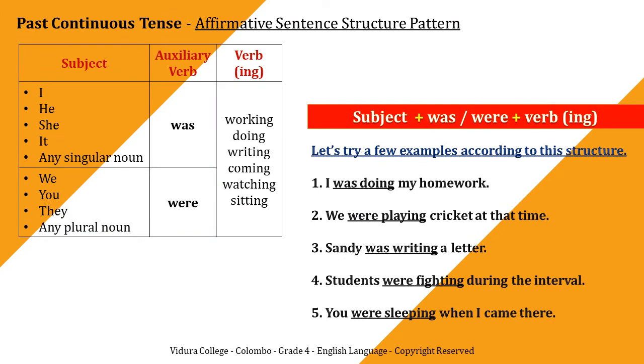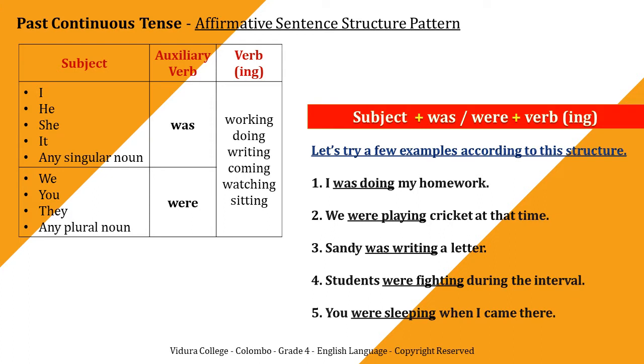In this slide, I have given you the structure pattern. So, this is how we are going to write affirmative sentences in past continuous tense. Can you see the red color box? First, there should be a subject. Then, the helping verb. As I told you, we have only 2 main helping verbs in past continuous tense.